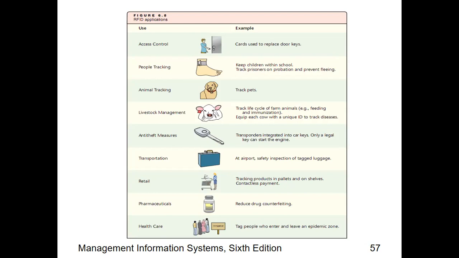Livestock management: we can track the life cycle of farm animals, for example for feeding and immunization. We can also track them based on groups and equip each cow with a unique ID to track diseases also. Those who have diseases will have different RFID codes. Then anti-theft measures: transponders integrated into car keys. Only a legal key can start the engine with the RFID.